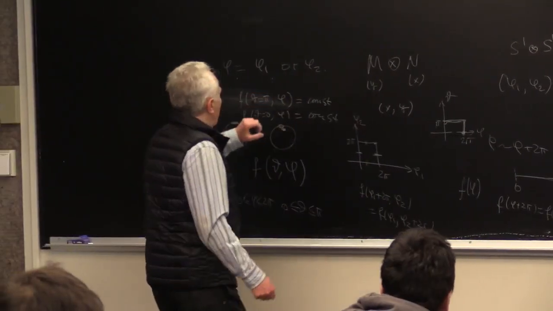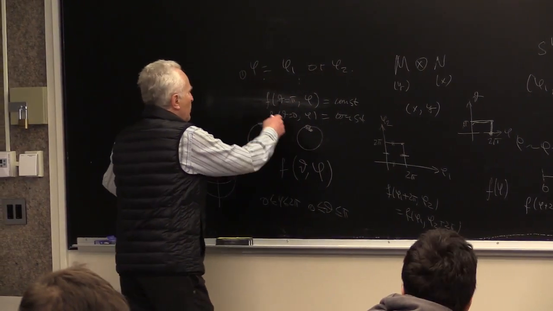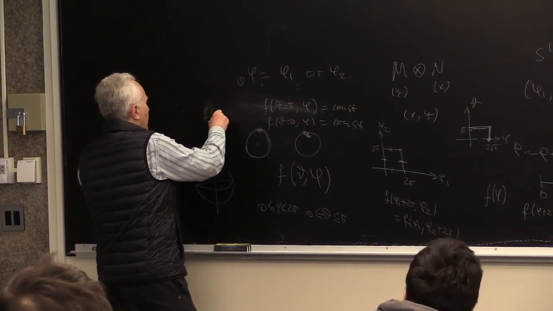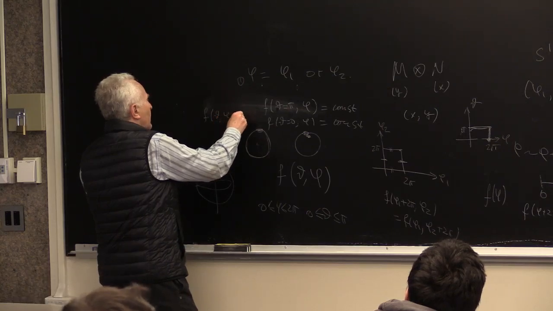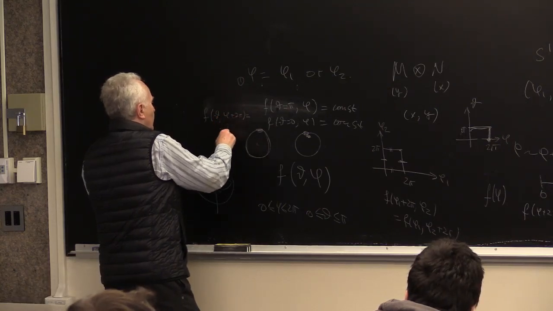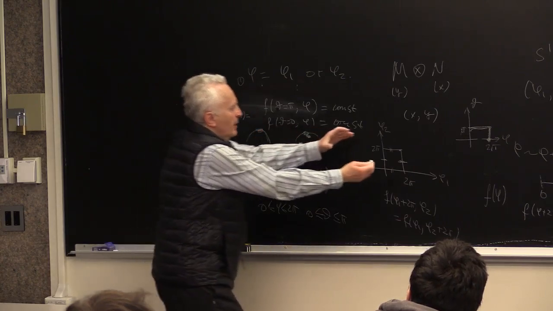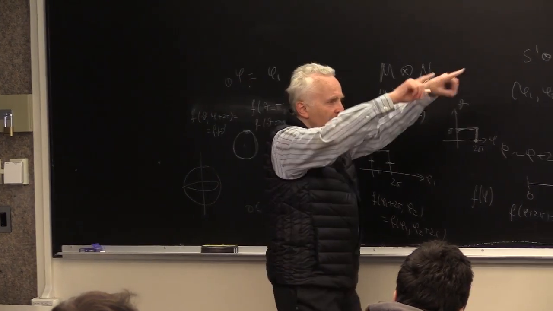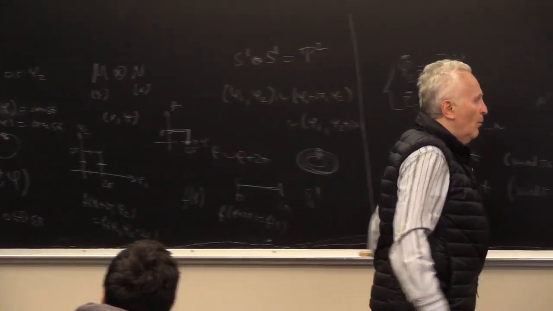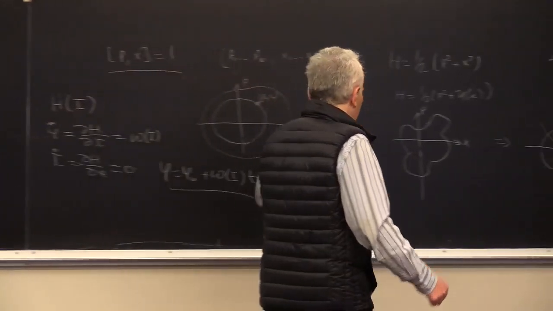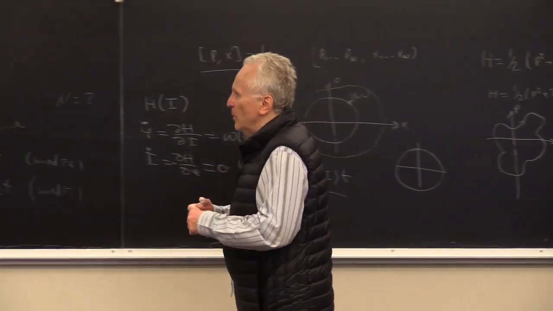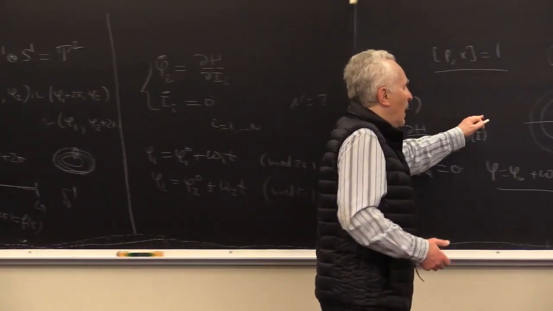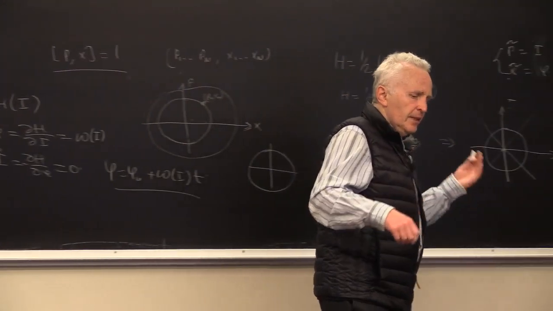Another thing you need to require is, of course, that f of theta and phi plus 2 pi is equal to f of theta and phi. That means you have a square, and you identify all four sides as one point. So that's the way you describe manifolds. Now we return to our case, and we will need this understanding.